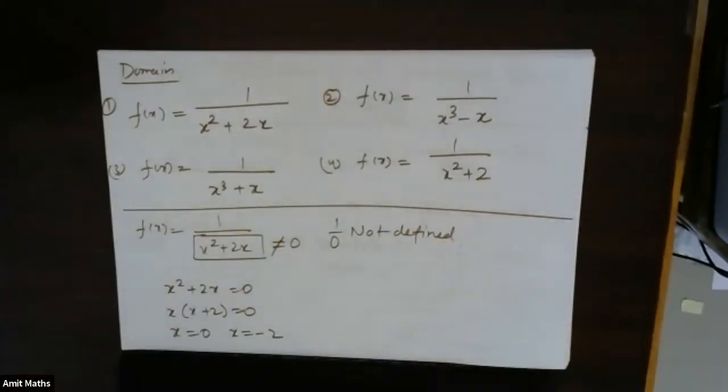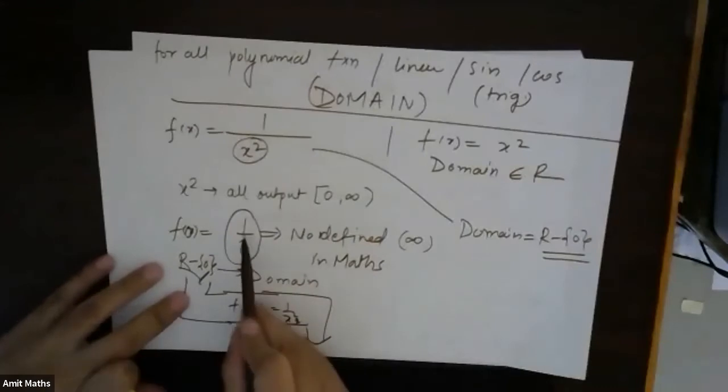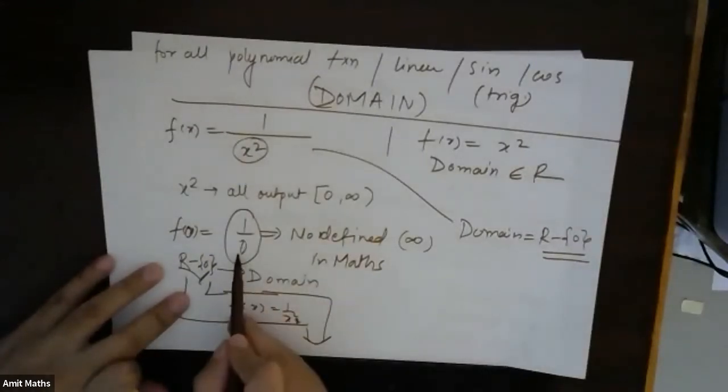Similarly, we did in the previous case. What we did in the previous case? We removed all those values of x for which 1 by 0 is coming.